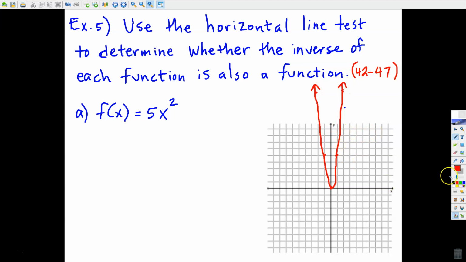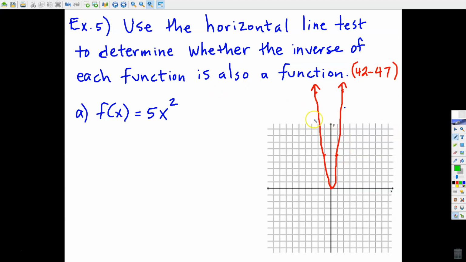Okay, well here's what the horizontal line test tells us. Unlike the vertical line test, let me just go back for a second. The vertical line test is what we use to tell whether or not the graph represents a function. If I can only touch one point every time I draw a single vertical line, then the graph represents a function.